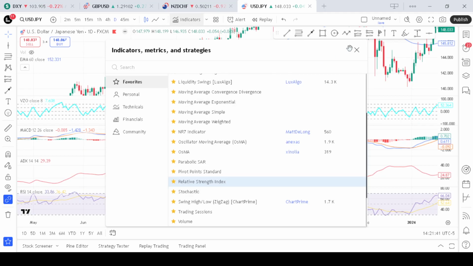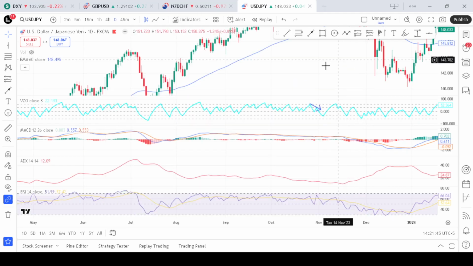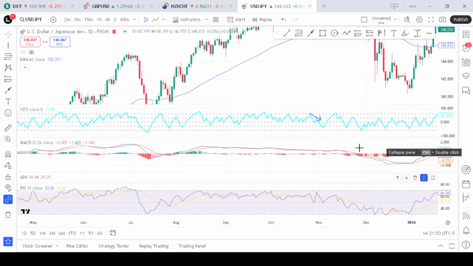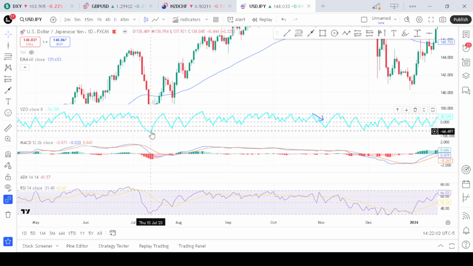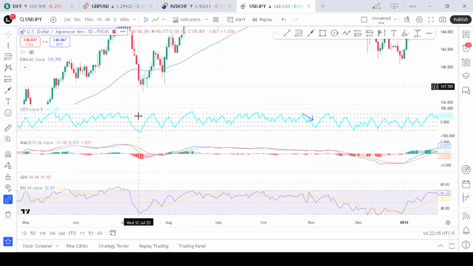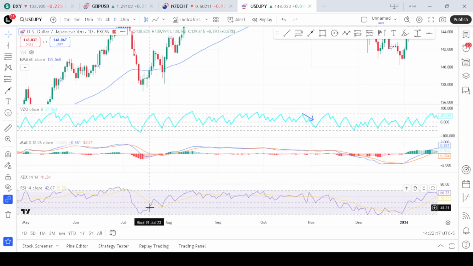My RSI shows bullish momentum. From this area when it crossed above minus 40 on the chart and on the VZO, we can spot that our RSI is also showing bullish momentum, which is above 50.